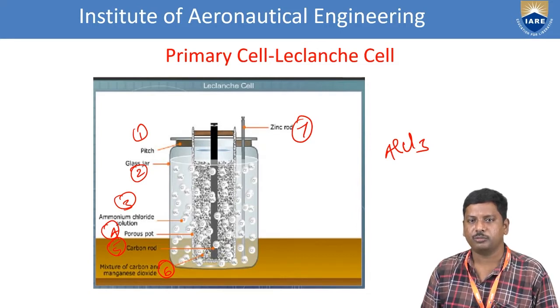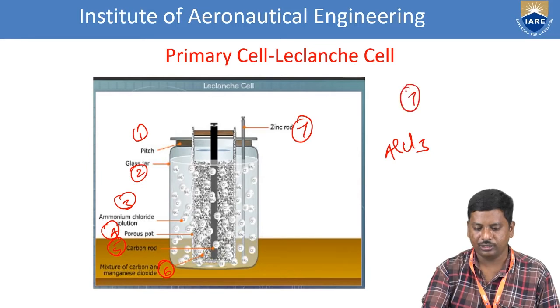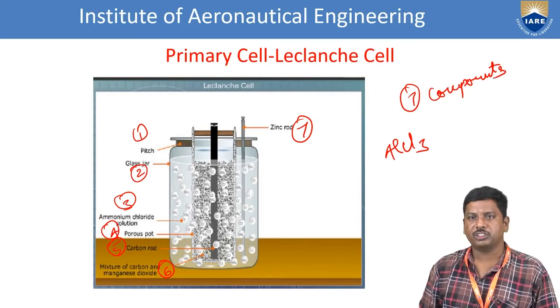At the bottom of the jar is the mixture of carbon and manganese dioxide, and at the top the zinc rod is placed. In total, this jar type Leclanche cell contains 7 components. So these are the examples for the primary cells, the Leclanche cell.